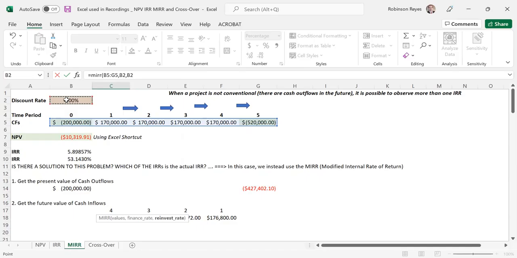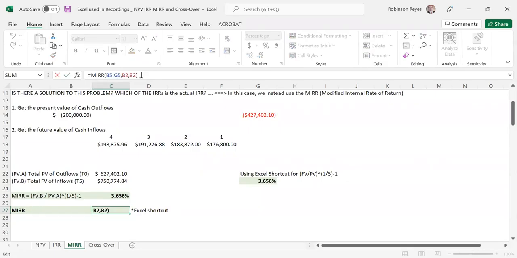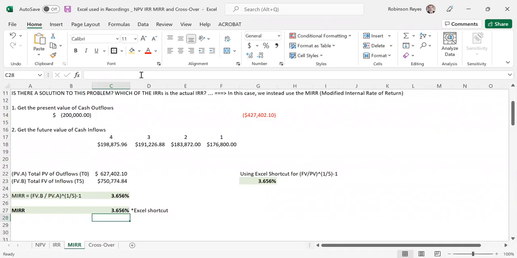So we are assuming that our discount rate is 4%, and we are also assuming that those cash inflows we are receiving are reinvested at 4%. We could vary that later on, but that's not in the scope of this class. And there we go. So we end up finding that the MIRR formula is just confirming that our calculations are correct.